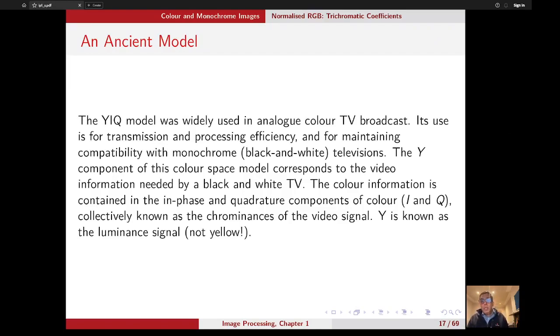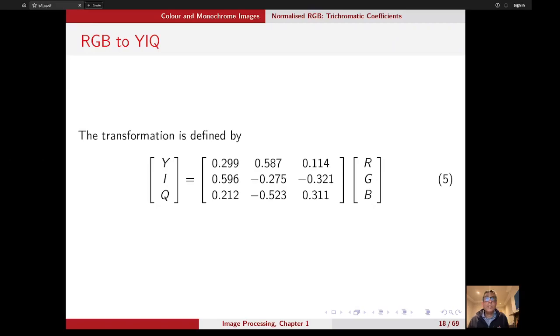In this case, the in-phase and quadrature signals encoded the color information, whereas the Y included the intensity information, and that was compatible with black and white or monochromatic televisions. So you could have color broadcasts without breaking the broadcast for people who only had black and white televisions.